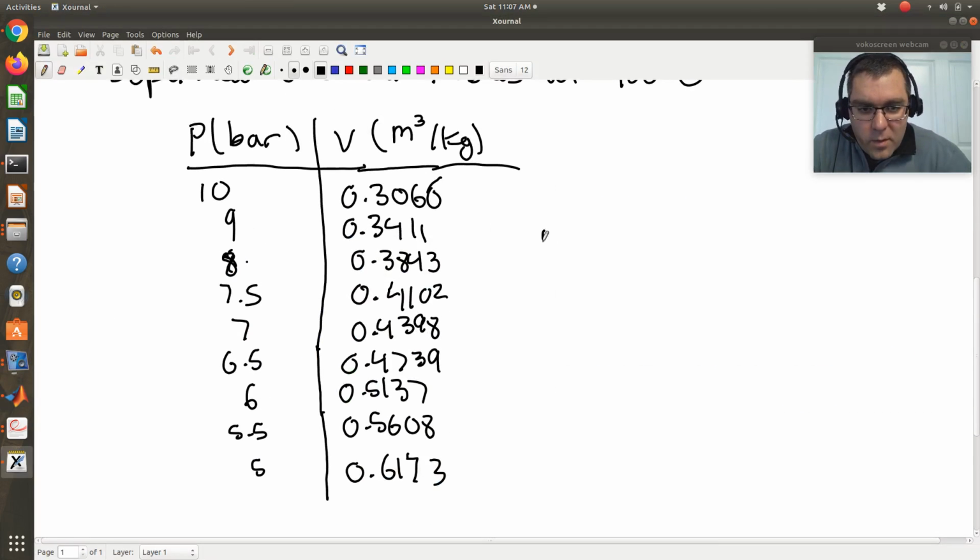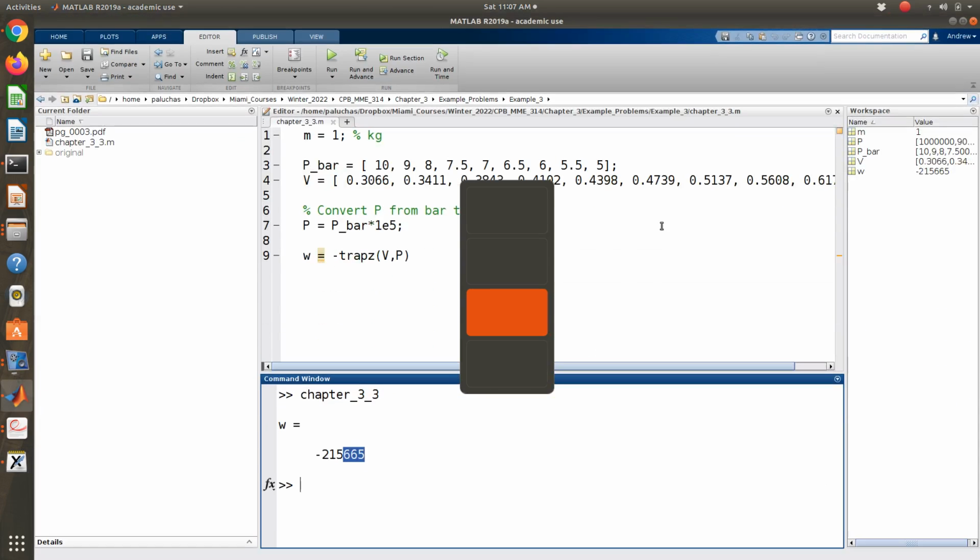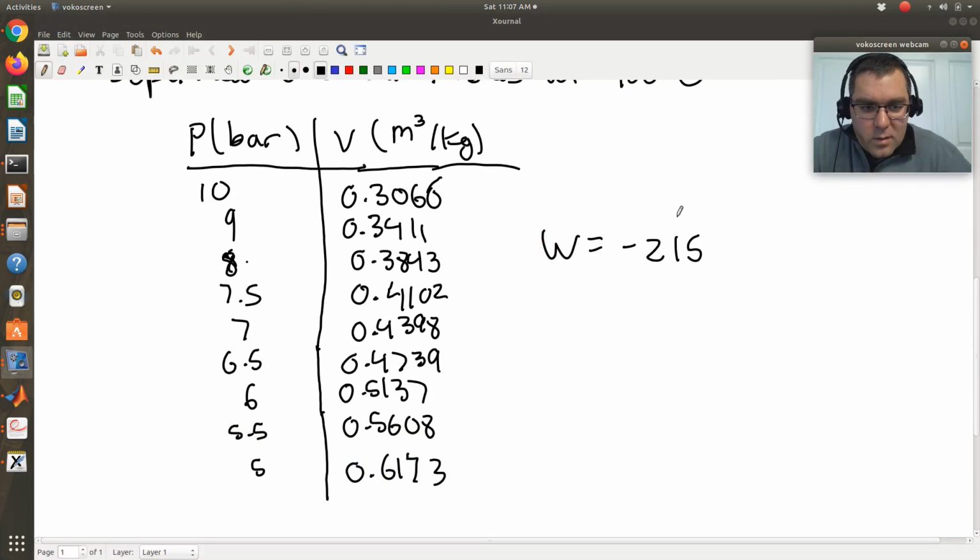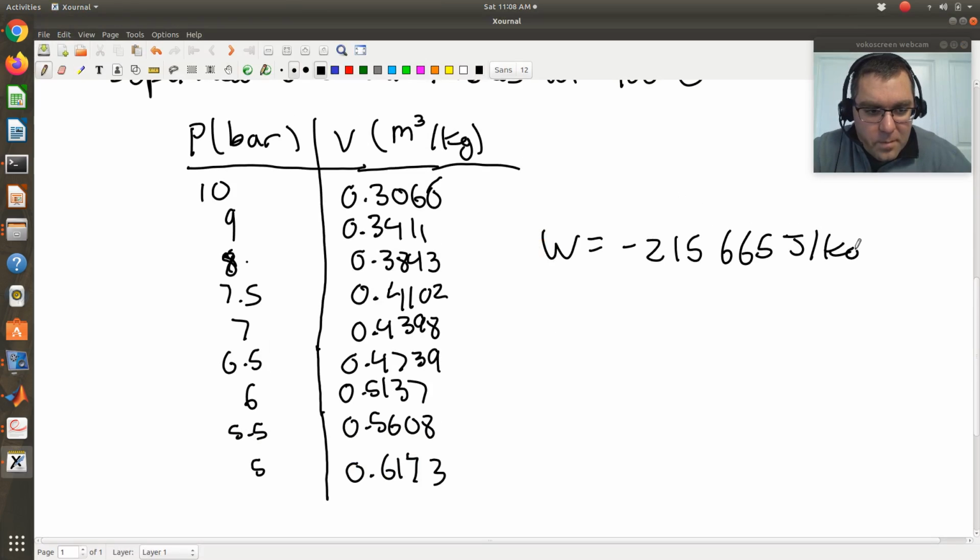We get that our work is equal to negative 215,665, and this would be joules per kilogram, or divide by 1,000, negative 215.665 kilojoules per kilogram.